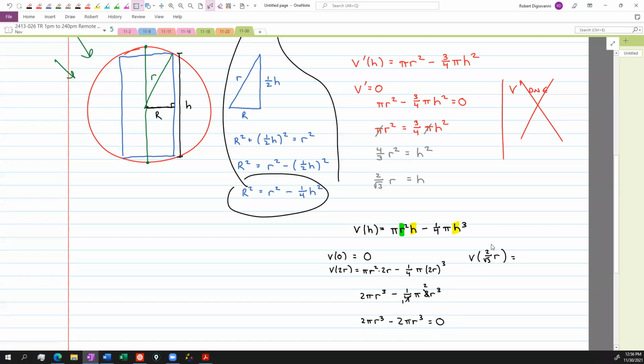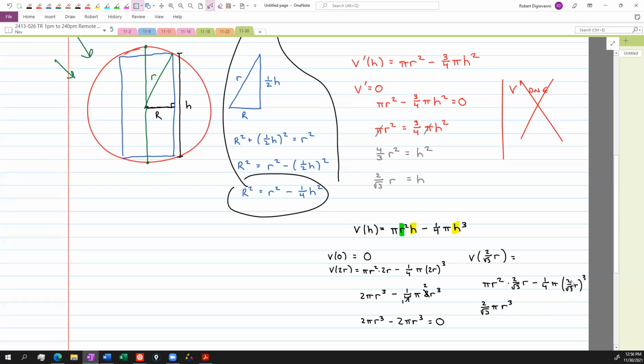And if you plug this in, then you are going to get some volume. You're going to get pi r squared. Now I replace h with 2 over root 3 r, then minus 1/4 pi, and then 2 over root 3 r cubed. And this is some number, it's not going to be 0. So this is kind of messy, but 2 over root 3 pi r cubed, that's just multiplying 2 over root 3 times the pi in front, then r squared times r.